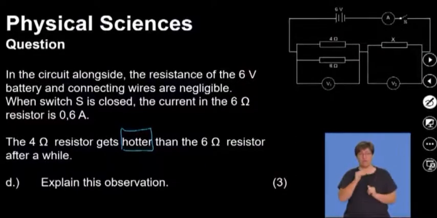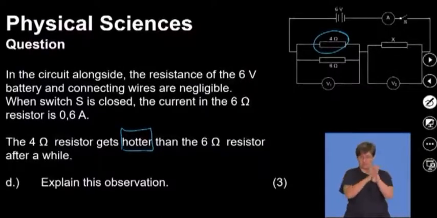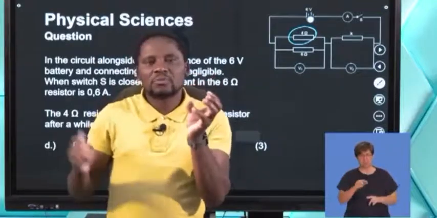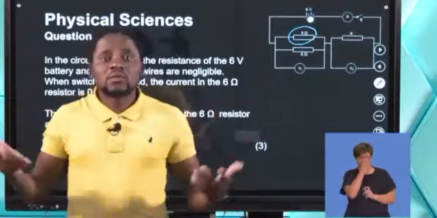If the 4 ohm resistor and the 6 ohm resistor were light bulbs, which of the two would burn brighter? The 4 ohm resistor. It means this 4 ohm resistor transforms more electrical energy per unit time than the 6 ohm. As a result, it gets hotter and hotter.